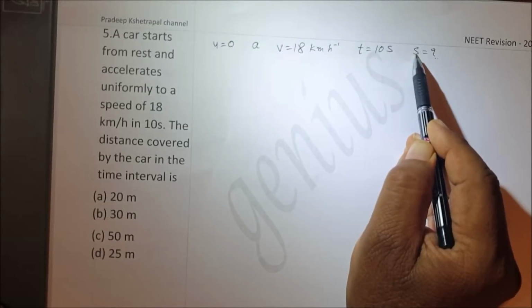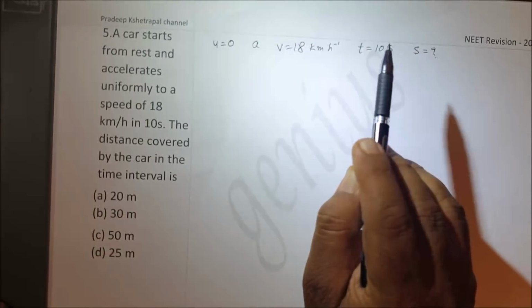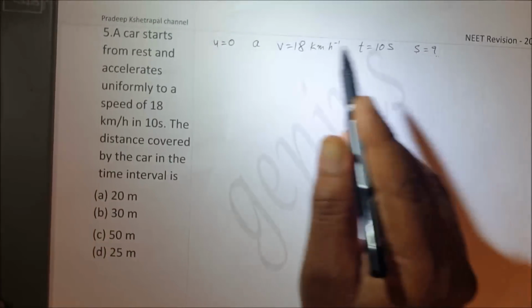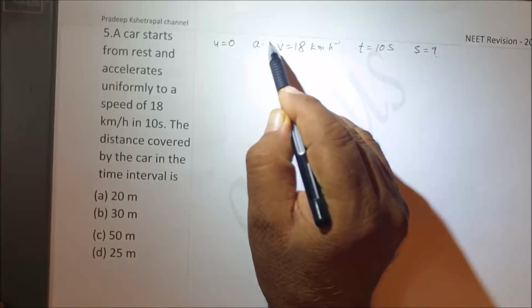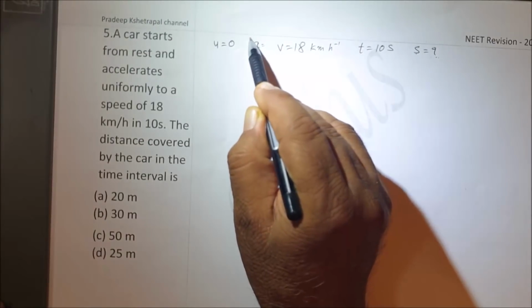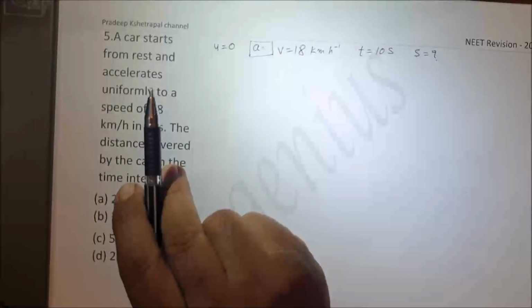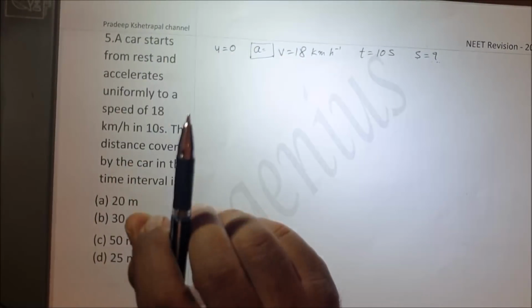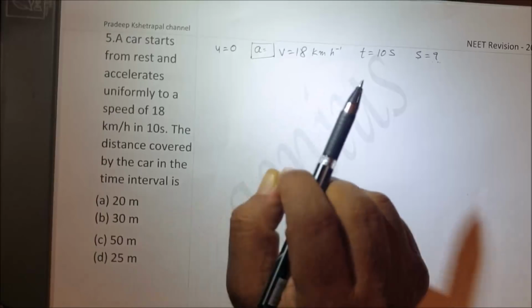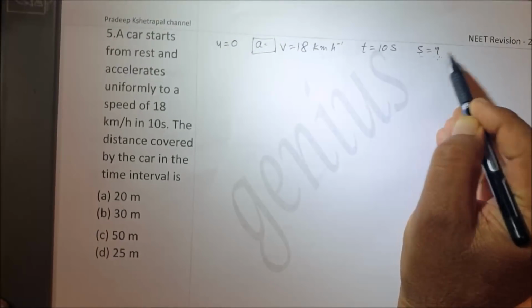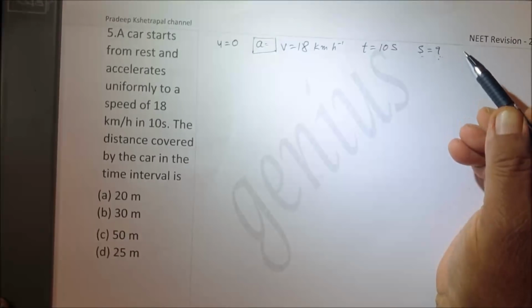There is no relation as such because in every relation of kinematic equation, what we need is value of A. So value of A is not given. So we have to find out value of A with one part and use it in the second part. What we are supposed to find out? S. And for S, there are two relations.